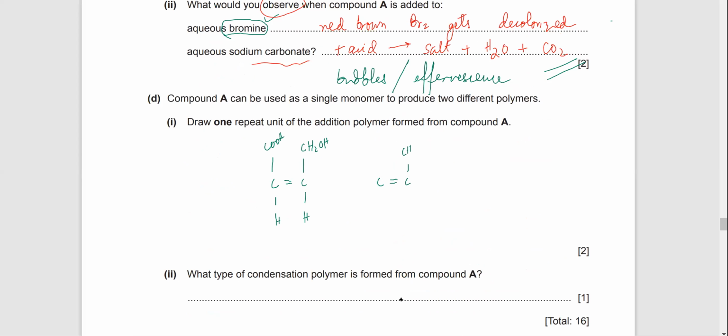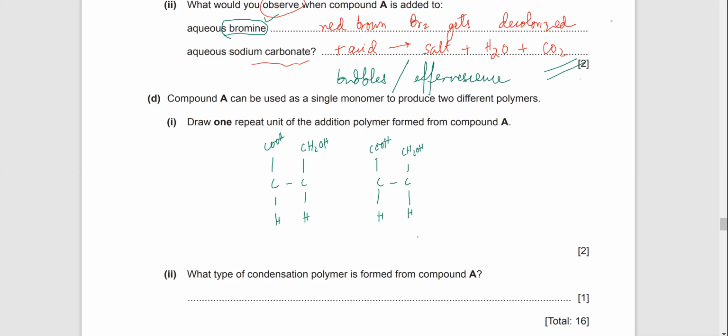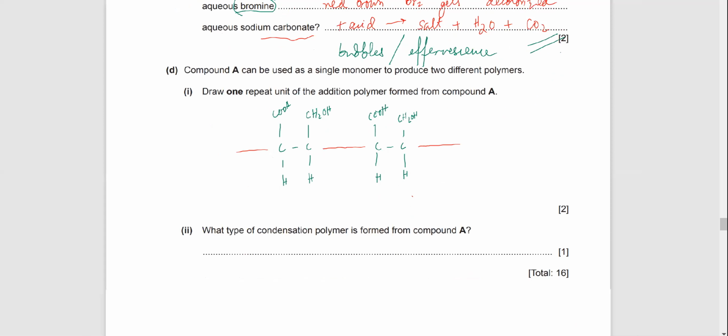It was the same addition reaction. The double bond would break in both cases and they're going to link up and connect with each other. Okay, so these monomers keep repeating, so that's your polymer.